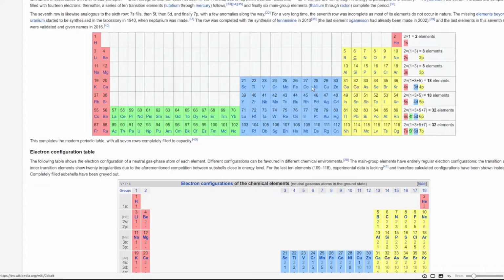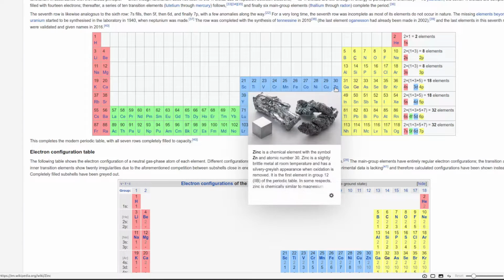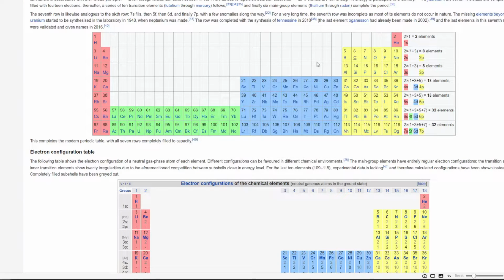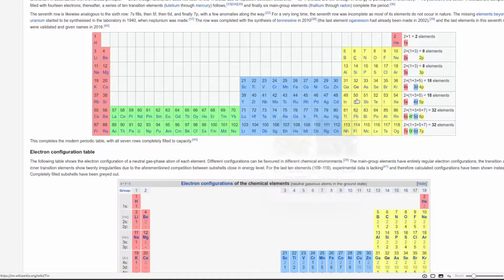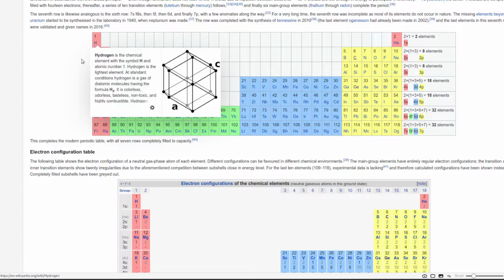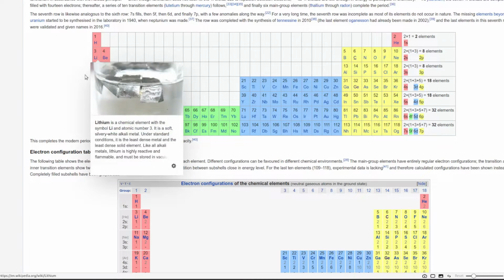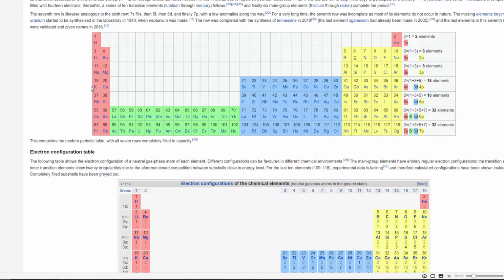These are all metals: nickel, cobalt, copper, zinc, etc. Though there are things like lead, tin, etc. There are these metalloids. I believe we call them metalloids. And of course we have common things like hydrogen, lithium, sodium, potassium, etc. So salts, that kind of stuff.